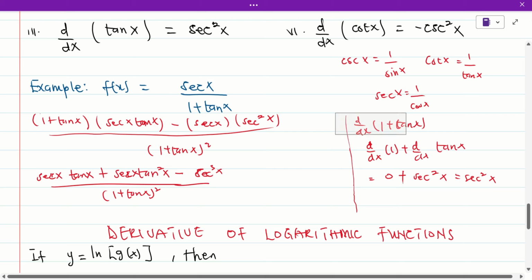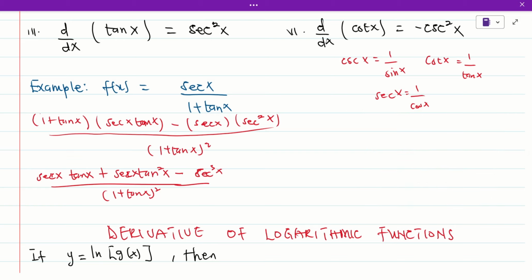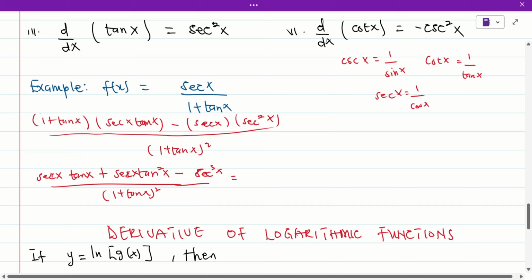So what we are going to do here is factorize sec x out. When you factorize sec x out, you're going to get sec x multiplying the bracket tan x plus tan squared x minus sec squared x.